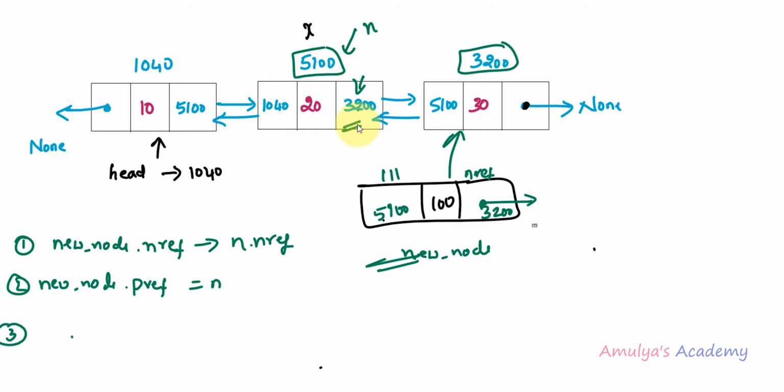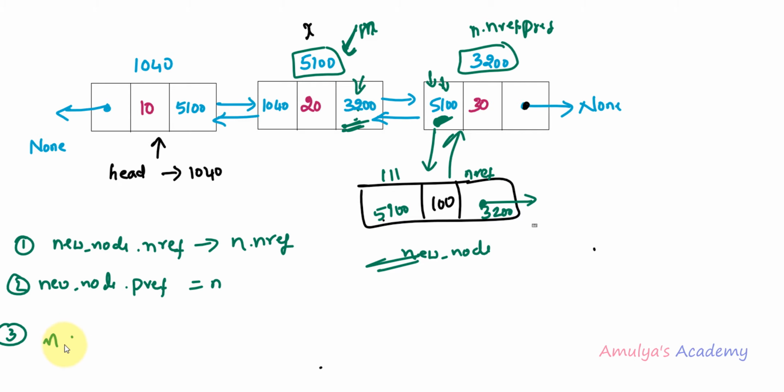Next, before changing this, we need to change this. This needs to contain the previous node reference, that is nothing but this node, the new node. Now what is this position? This is n. n.nreference is 3200, that is this node, and this is its previous reference.